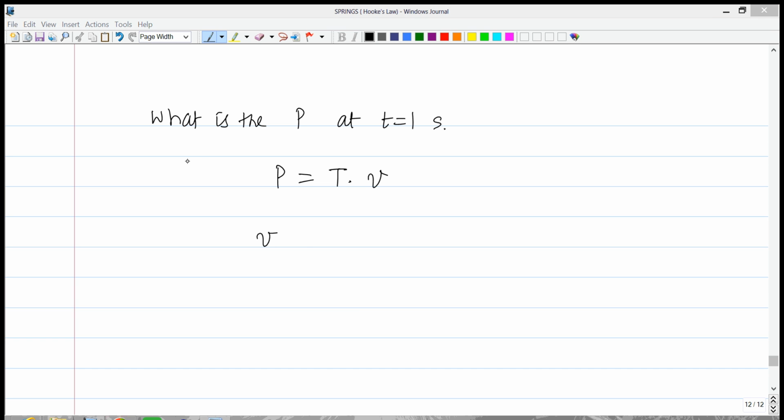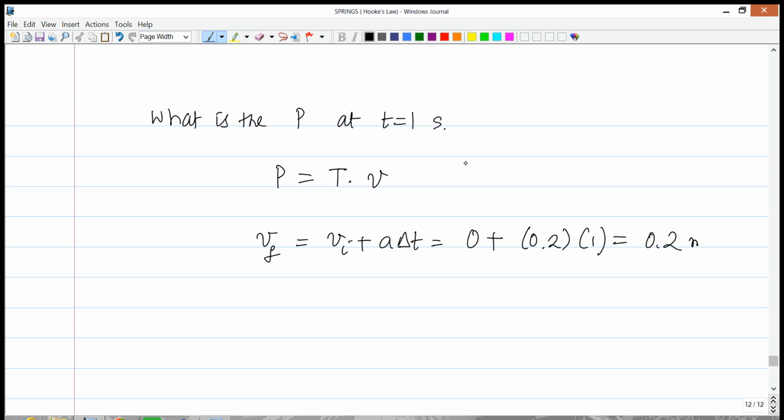We can use the equation Vf equals Vi plus A delta t. It is 0 plus 0.2 multiplied by 1, which happens to be 0.2 meters per second. And so my instantaneous power at 1 second is simply equal to 10,000 multiplied by 0.2, which also happens to be 2,000 watts.